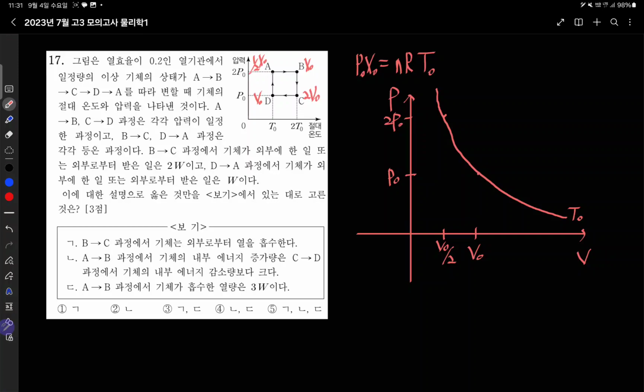And from A to B, the volume changes from half of V0 to V0, and pressure is 2P0.